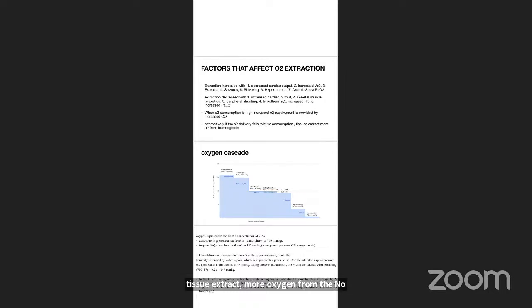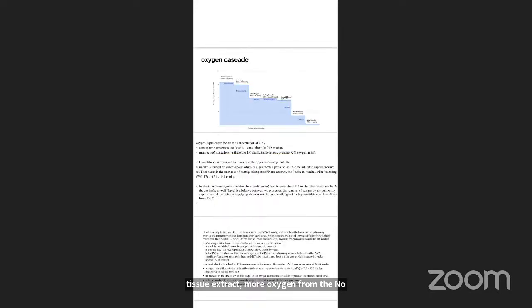Now, coming to an important topic, that is the oxygen cascade. When we talk about the transport of oxygen, the main thing is the oxygen cascade, which shows the pathway from the atmospheric oxygen through our lungs all the way till the mitochondrial level.